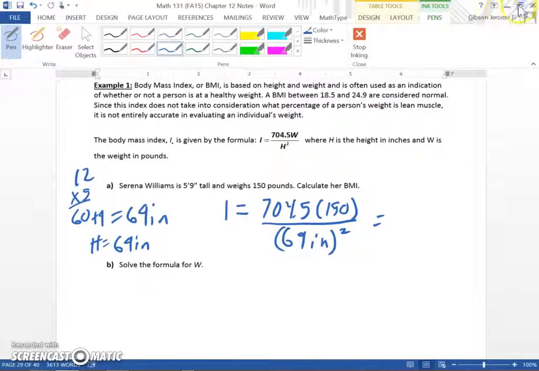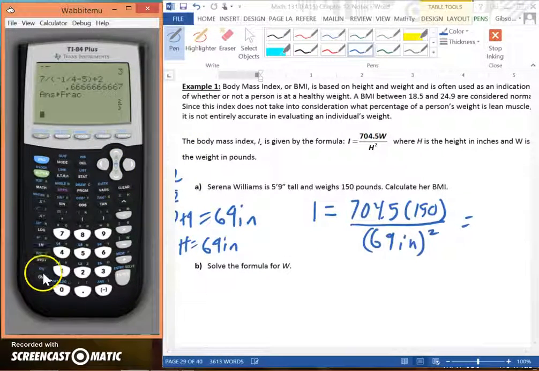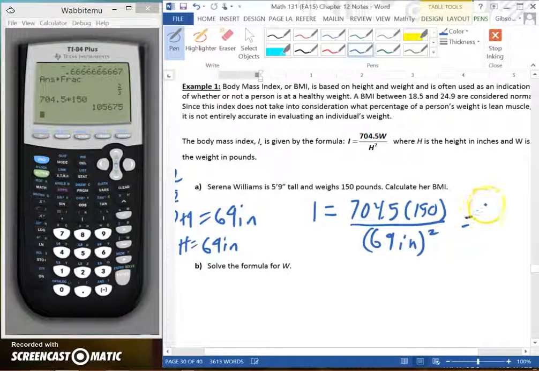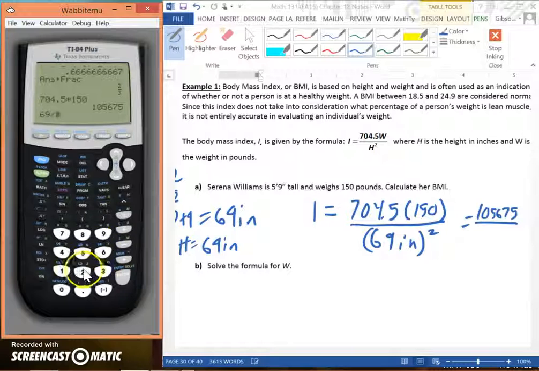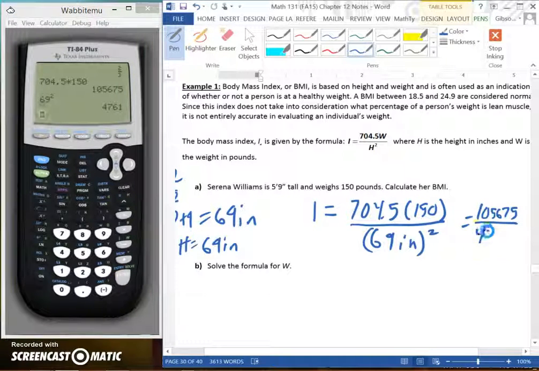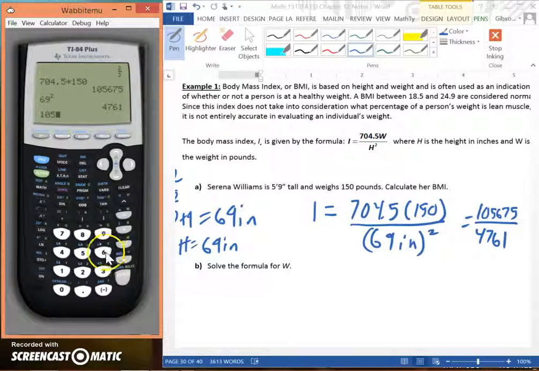Now we can put this in our calculator. 704.5 times 150 gives us 105,675, all over 69 squared, which is 4,761. Now we can divide these two values.